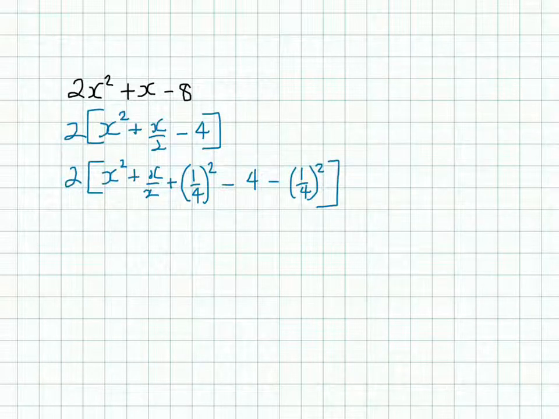Alright, so there we go. Everything's looking pretty good so far. I'm just going to use this now to complete the square, bearing in mind that I have got a 2 on the outside here.